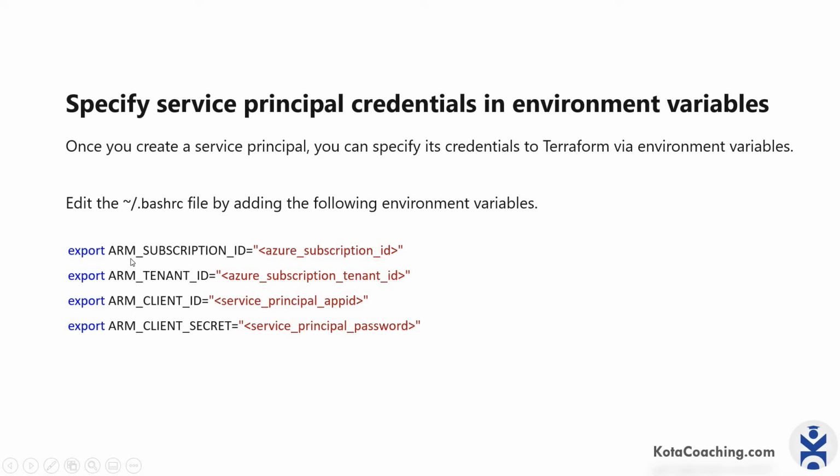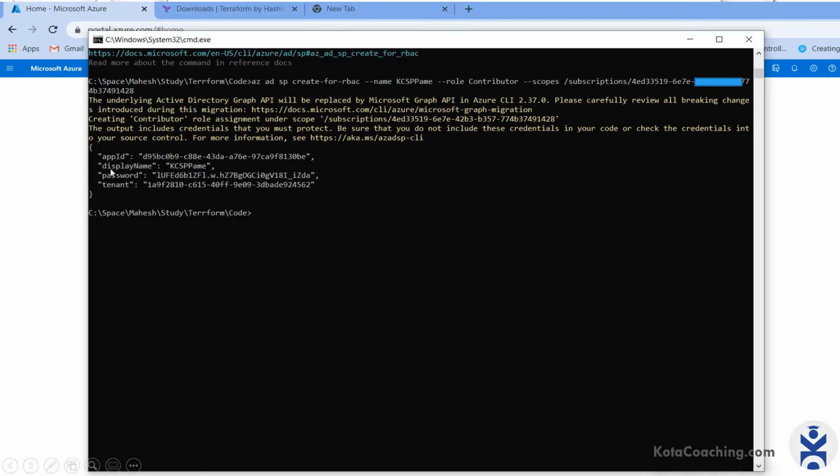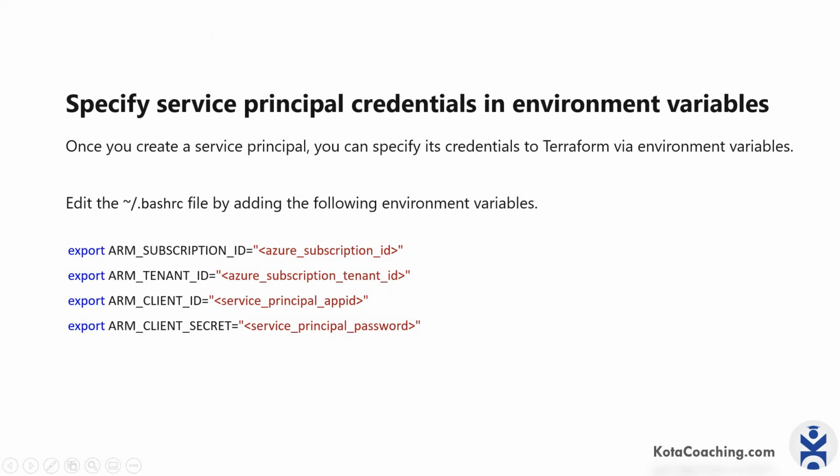Take this template. It asks for the subscription ID, tenant ID, ARM client ID, and ARM client secret. Whatever we have created, you can take from here. This is the tenant ID, the secret is the password, and the client ID is the service principal app ID.